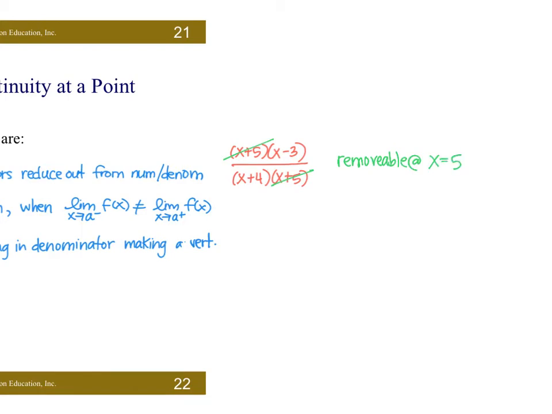There's a remaining factor that didn't reduce in the denominator, and so we would have infinite at x is negative 4. So there'll be a vertical asymptote at negative 4. The x minus 3 doesn't produce any kind of discontinuity.